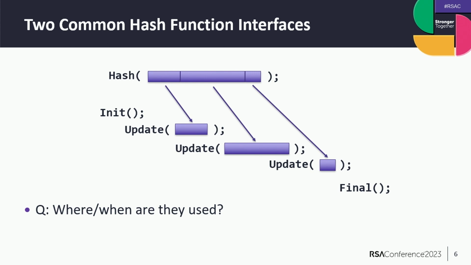And these chunks do not necessarily have to be the same as the fixed block size that I was showing in the previous slide. So I also try to indicate this here: some update might have a small call or might have a very big amount that you're passing in. And then you have final that you need to call at the end to say, I'm done hashing now, please finalize whatever you want to do and output the resulting hash value.